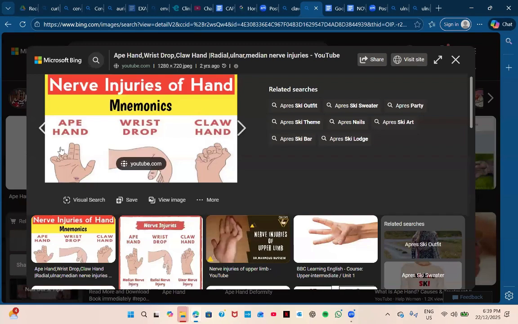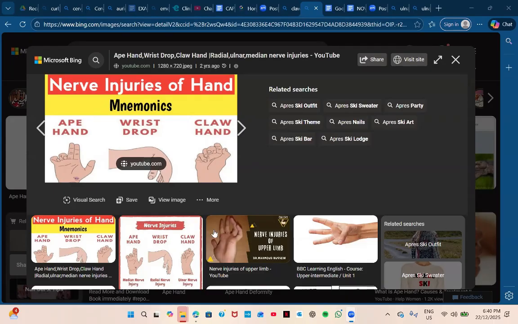Here's a claw hand. This is the ape hand. Which nerve damage causes the ape hand? Yes, it's the median nerve. Please remember, the ape hand, we also call the hand of benediction, due to median nerve damage.